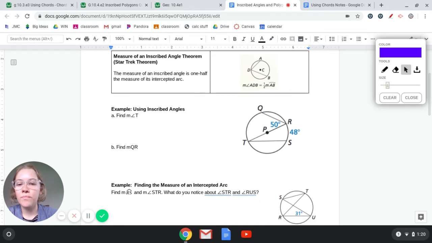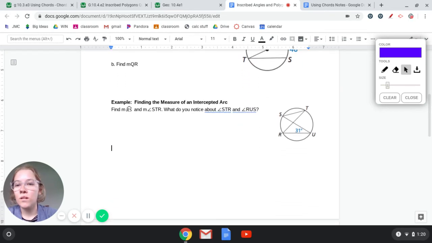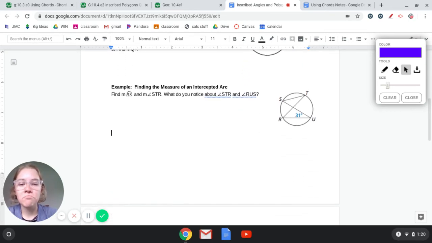Next up, we're going to find the measure of an intercepted arc. Kind of the same idea. First, let's find the measure of arc RS. So we're looking for this arc here. Take a look at angle SUR, with angle measure 31.